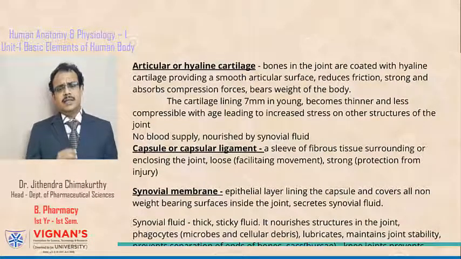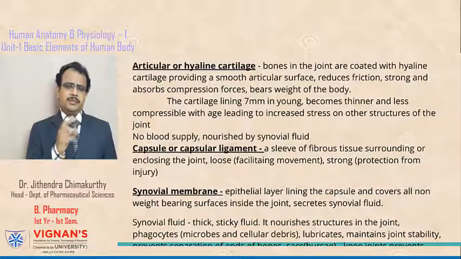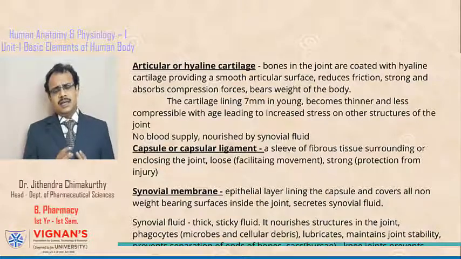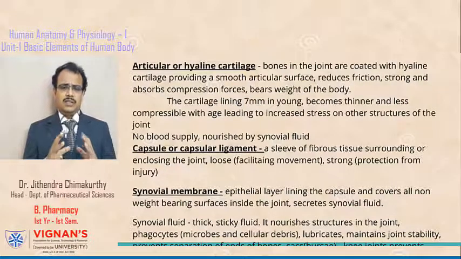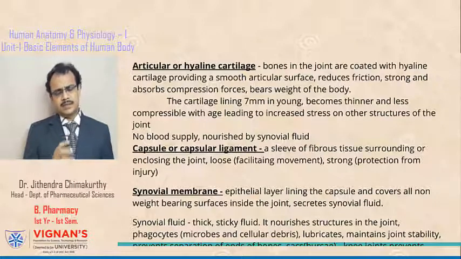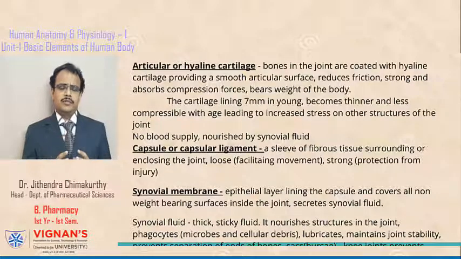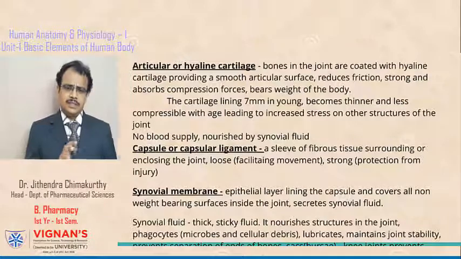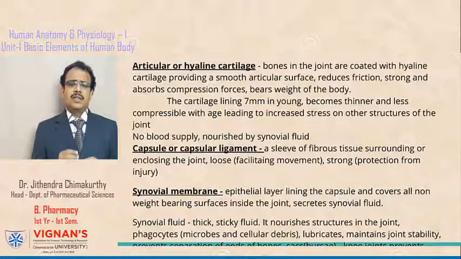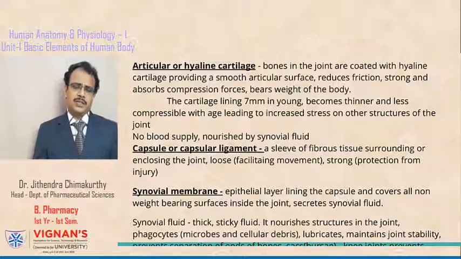We have seen that in a synovial joint, the two bones are not in direct contact with each other, but they are held in position by this capsule, which is made up of a fibrous tissue. This capsule is loose enough to facilitate the movements within the joint, and it is also tough enough so that it will prevent the joint from injury.